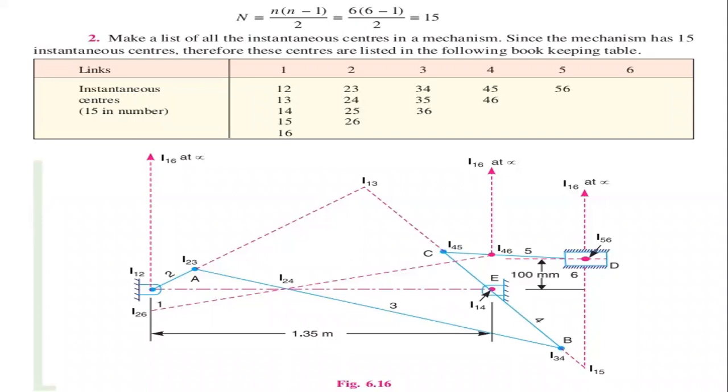Then we are going to draw these instantaneous centers from the procedure.